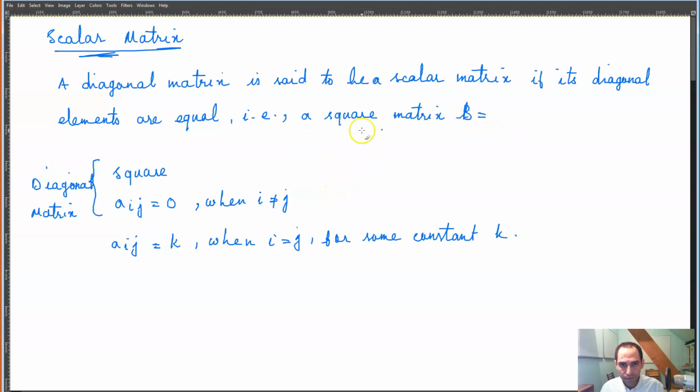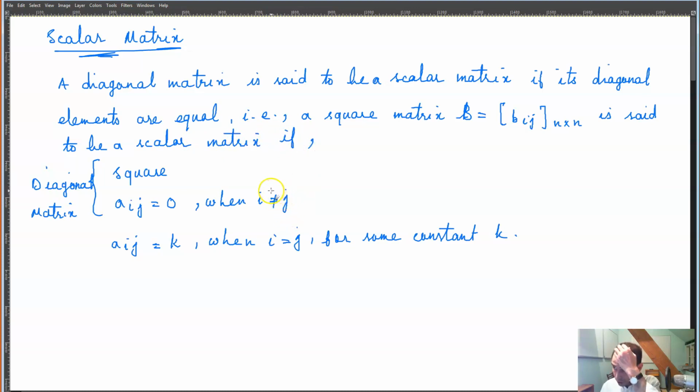So you can say that a square matrix B, which is equal to B of ij, n times n, is said to be a scalar matrix if these conditions are met, meaning that first of all it has to be a square matrix, right?